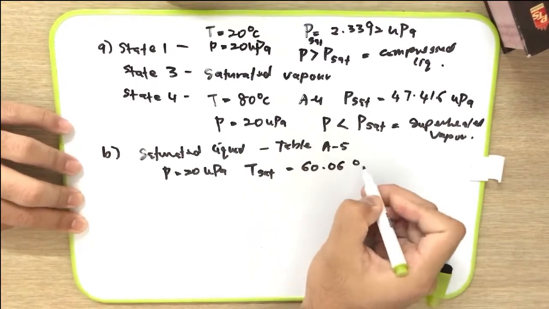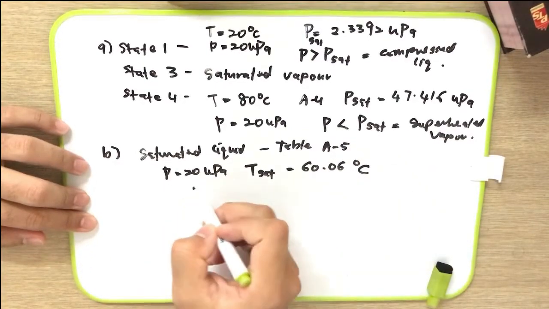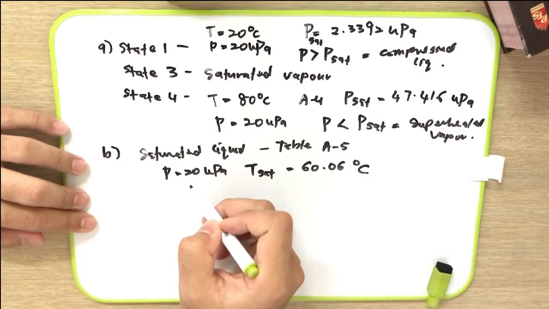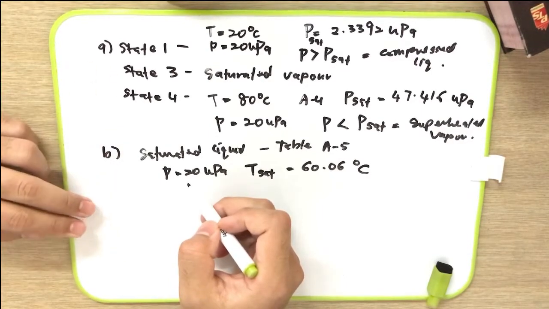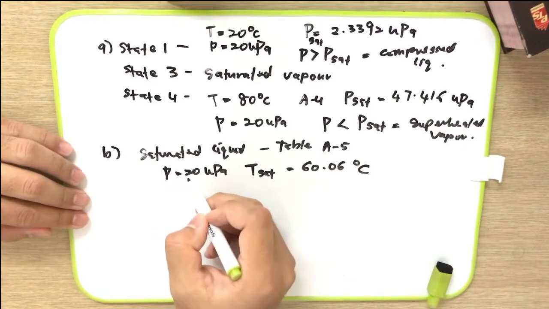which is 60.06 degrees C. Why do we choose P 20 kilopascal? Because it is already mentioned that through all these processes the pressure is constant, so that's why we use P 20 kilopascal.